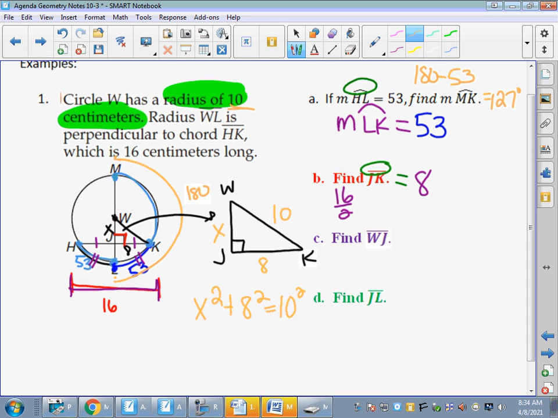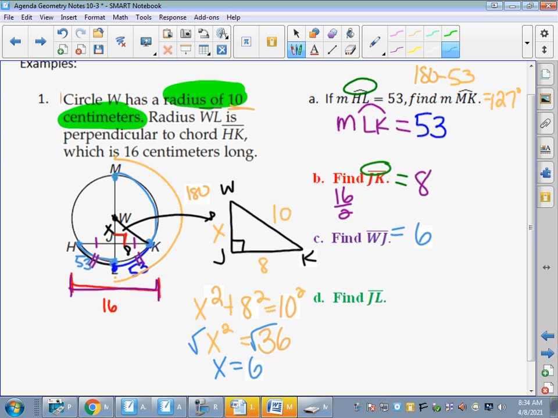I'm going to do some quick math in my head here. X squared is equal to 100 minus 64. That's 36. We all know to square root at the end. If you don't remember how to do Pythag, please make sure you ask. So WJ is equal to 6. And we've got ourselves an answer through Pythag.